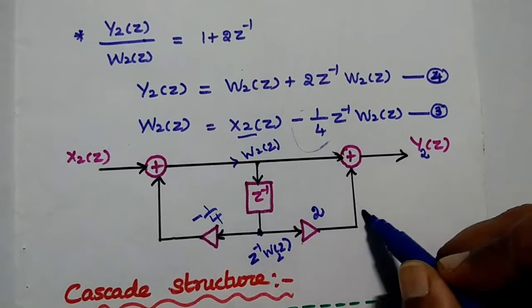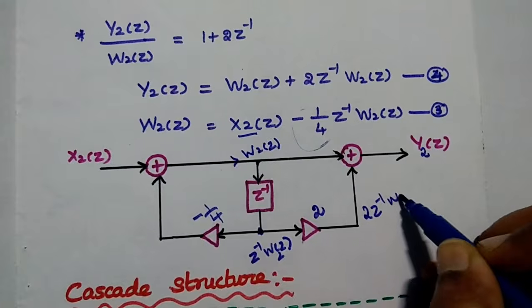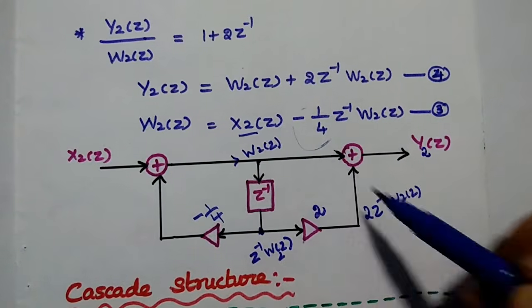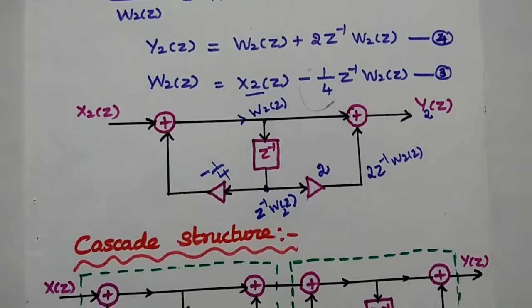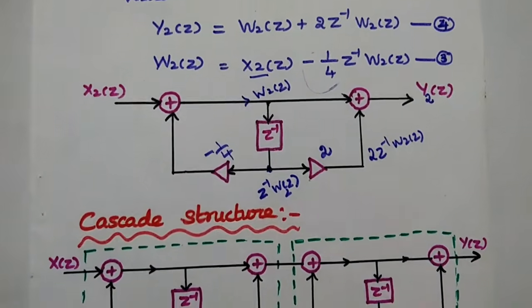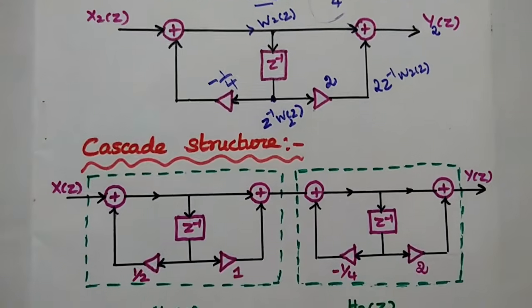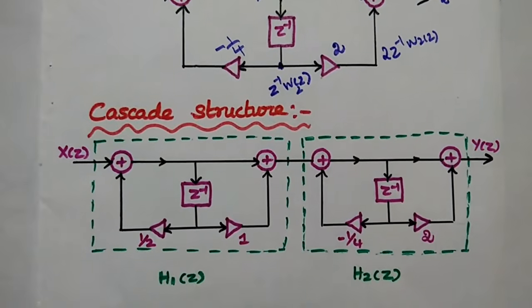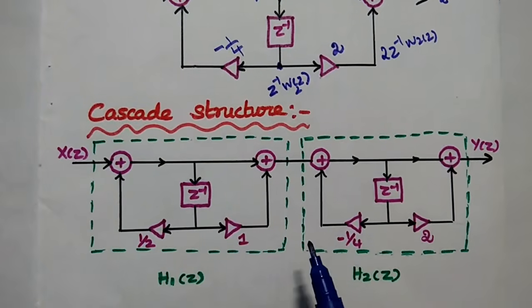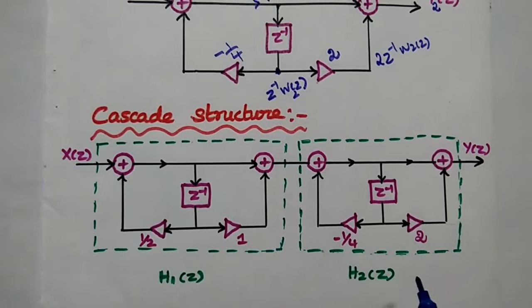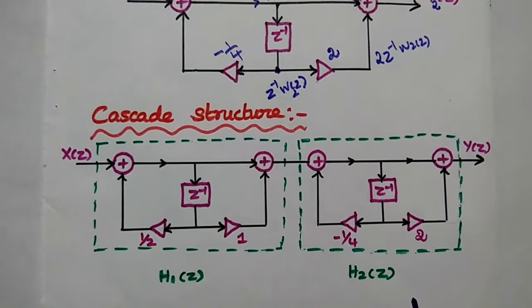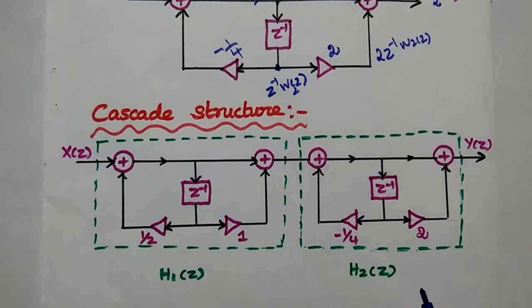So 2 into z power minus 1 W2 of z is here. By adding these two we can get Y2 of z. This is the direct form 2 structure for the second transfer function. Finally, we are going to cascade this H1 of z and H2 of z to get the overall cascade form realization. So this is the answer.